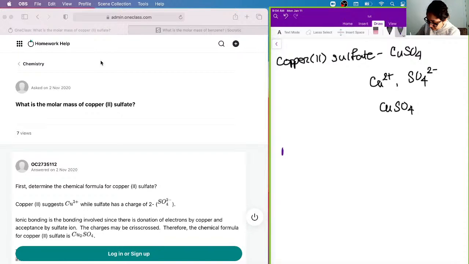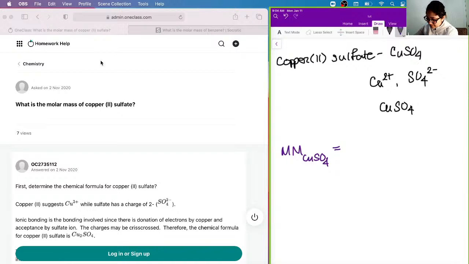So let me write molar mass as two capital M's, and you have copper sulfate. And this would equal, so we would basically break this compound down into the individual elements, and in this case you can see we have three.